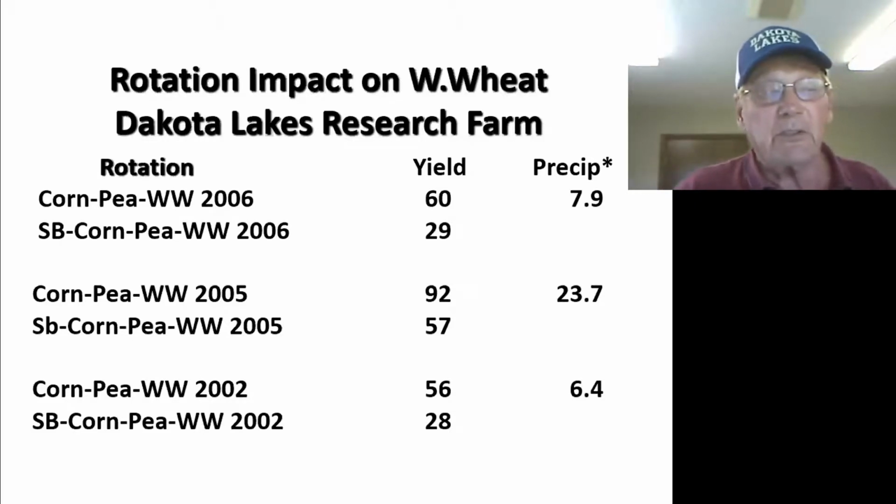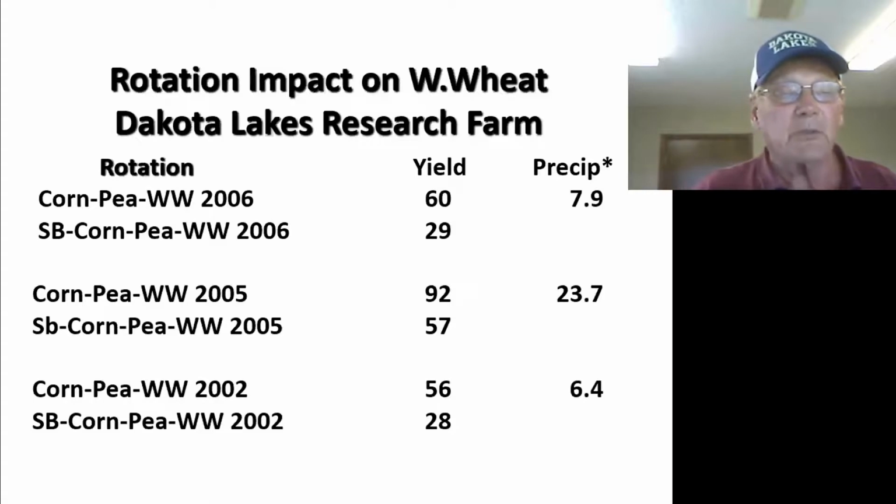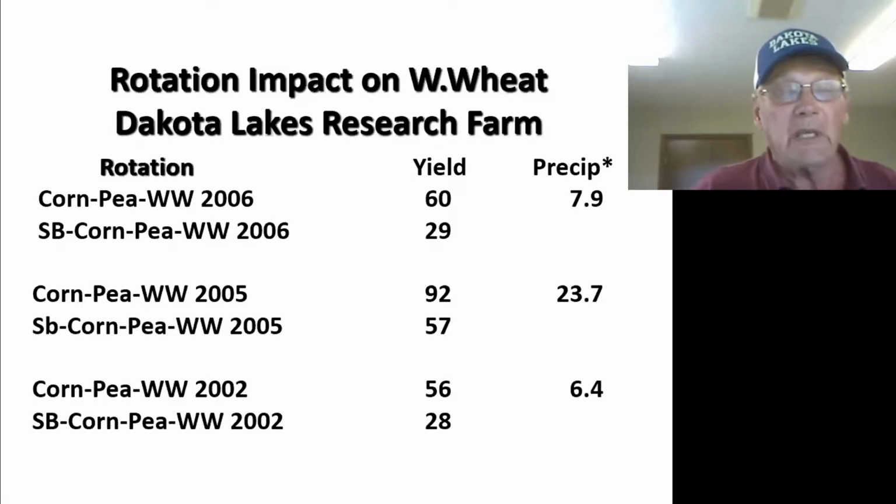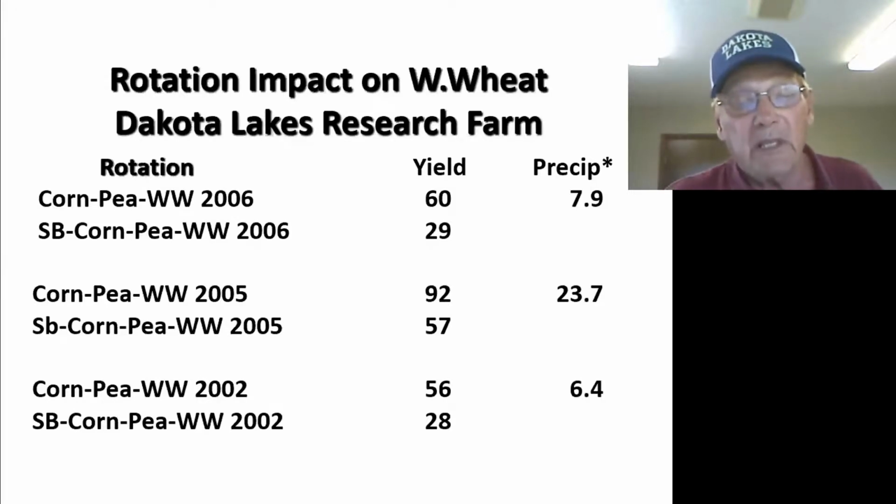In 2002 and 2006, when we had dry years, that 7.9 inches of rain was between the time we harvested the peas and we harvested the wheat. You can see that the yields are doubled. And even in the wet year where we had 23 inches in that little over a year, we almost doubled the yield.